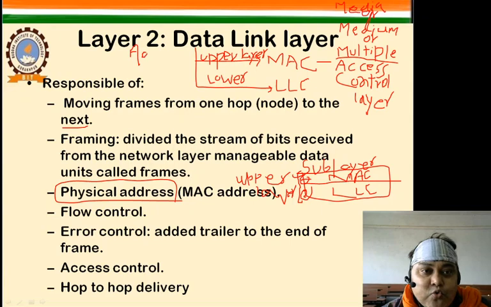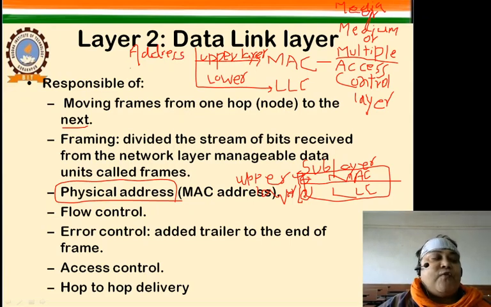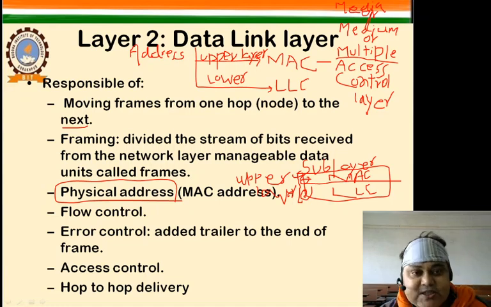So it is used for addressing, the address of your physical machine, showing at which machine this data is generated and put on your network. So this is known as physical addressing. Why is it called physical addressing?